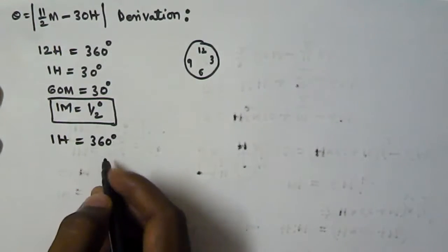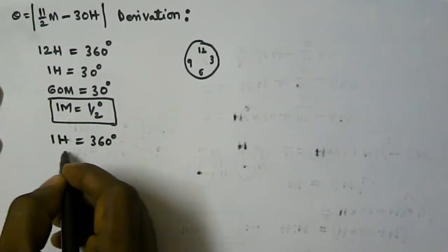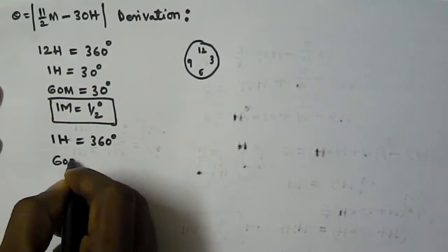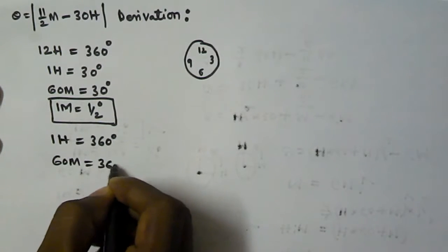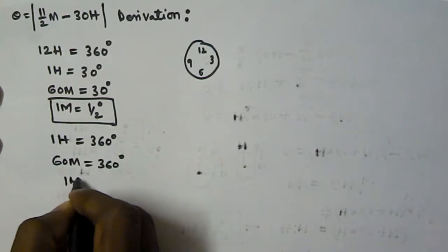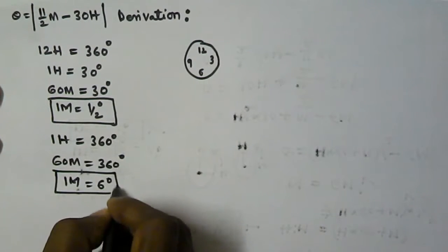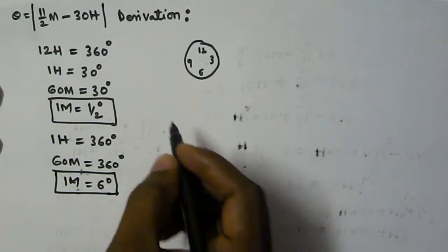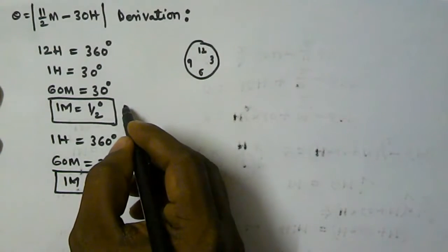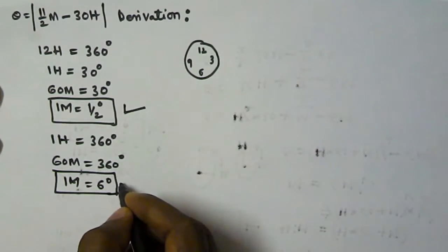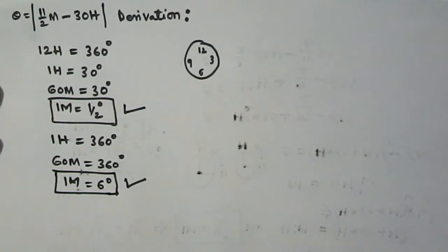So 60 minutes is equal to 360 degrees, which means 1 minute is equal to 6 degrees. This is the angle covered by the minute hand. So the hour hand covers 1 by 2 degree in 1 minute, and the minute hand covers 6 degrees in 1 minute.